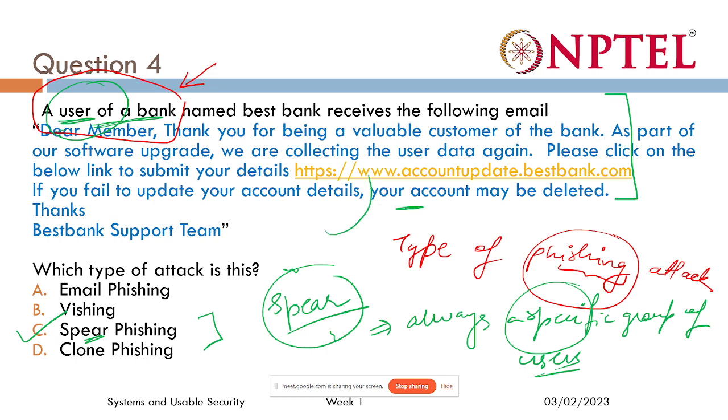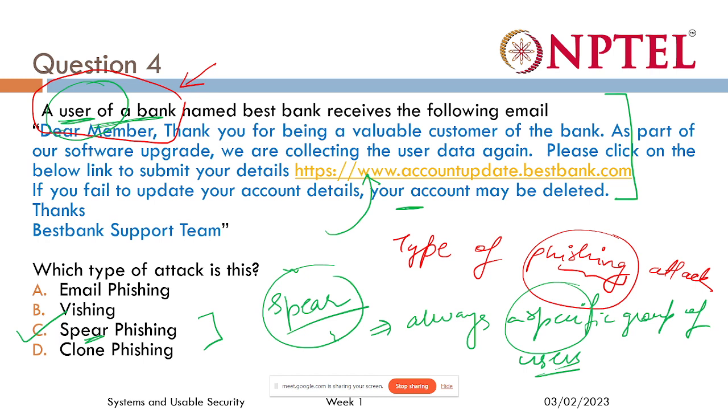Because he has got the fear, the attacker is trying to instill fear into the mind of the user, and under the impression of that fear, the user will overlook the warning about whether it is an authentic mail or not. He will just simply click on this link and submit the details, and these details go to the attacker, who will now be able to access the data of the user.